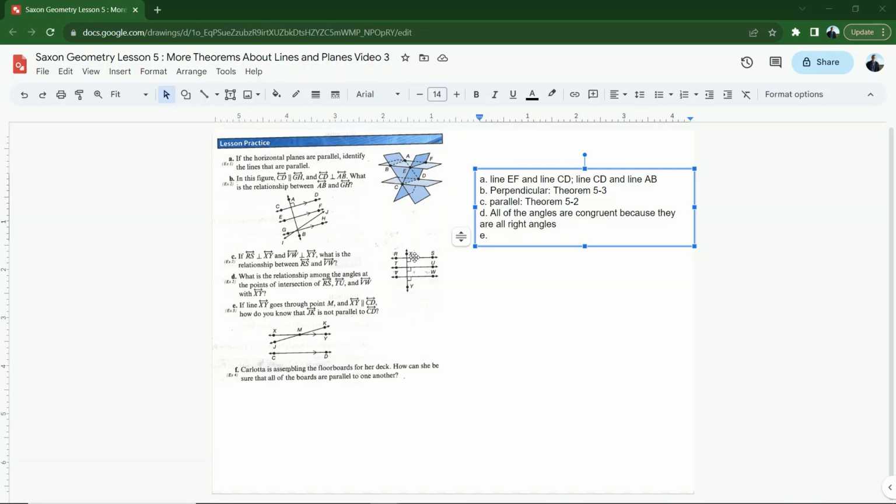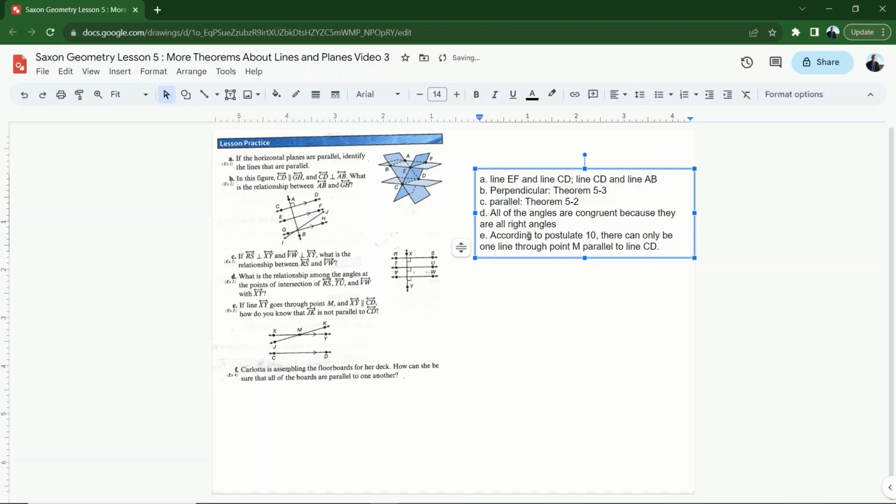So according to postulate 10, the parallel postulate, there can only be one line through point M parallel to line CD. I'm going to write that out so you can see how this one would look. So I'd say according to postulate 10, I could call it the parallel postulate, there can only be one line through point M parallel to line CD.